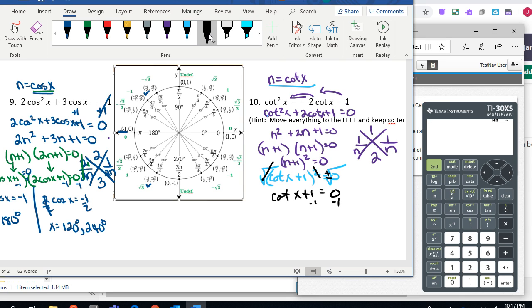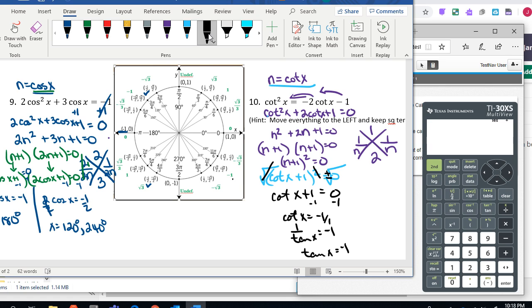So minus 1 to both sides, cotangent x equals negative 1, but cotangent is the same as 1 over tangent, and going over 1, it doesn't change anything at all. So tangent x equals negative 1.